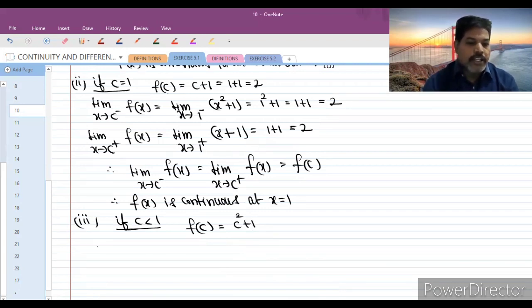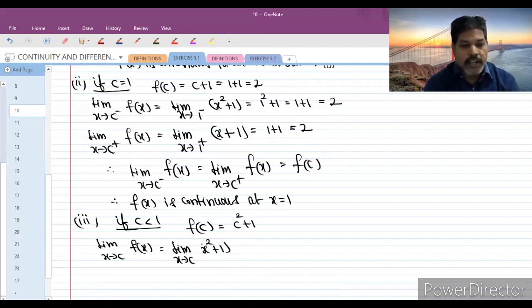And also we can take the limit as x tends to c of f of x. That means the limit as x tends to c of f of x is nothing but x square plus 1, so it will become c square plus 1.